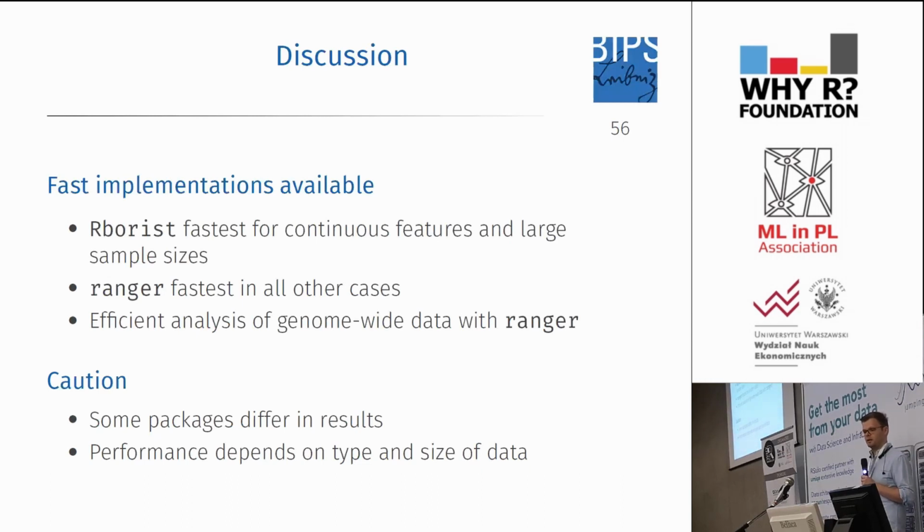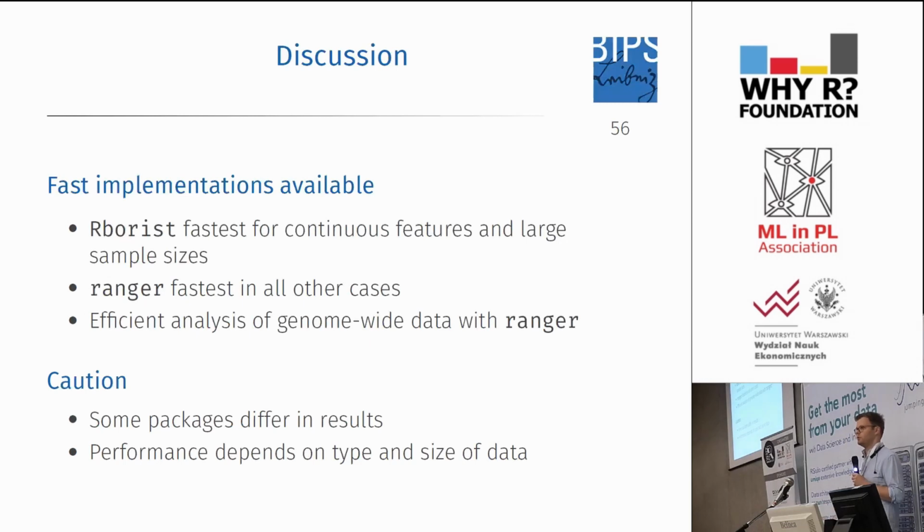But be careful, the packages not only differ in the default settings, they also differ in results. So even if you try to find the exact same settings, sometimes the results are a little bit different. For example, the arborist by default, if you don't change the settings, is even faster, but it puts by default a limit on the tree depth, which might be good in some cases, but might be bad in other cases.